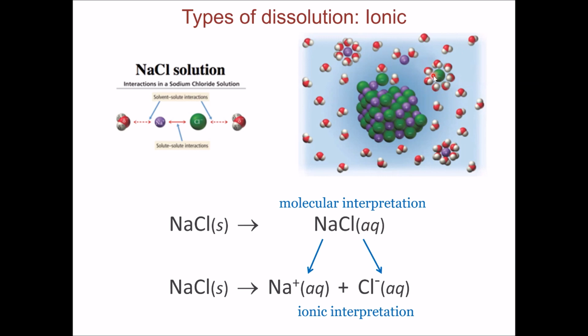That's why we usually represent the solution, in case of ionic compounds, with an ionic equation that accounts for the fact that ions dissociate from each other. So we dissociate the two different ions to be completely independent with respect to each other.